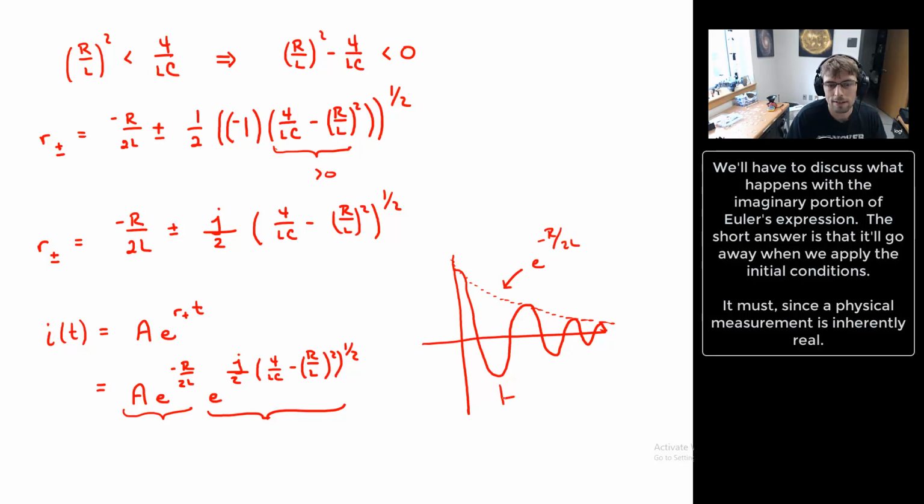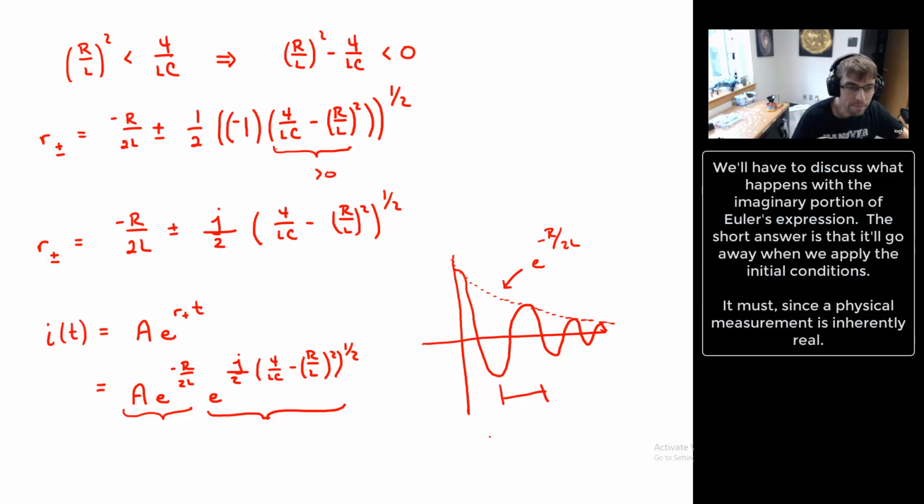And then this sinusoidal or cosine term would have this frequency, this 4LC minus R, so how quickly it repeats. It's cool, huh?